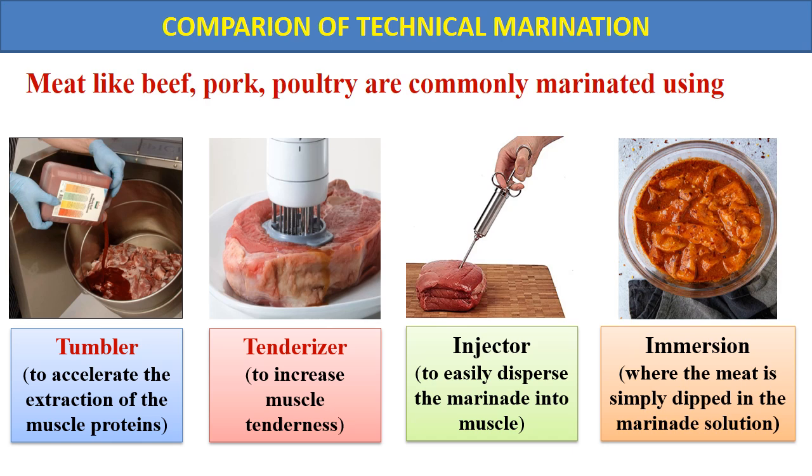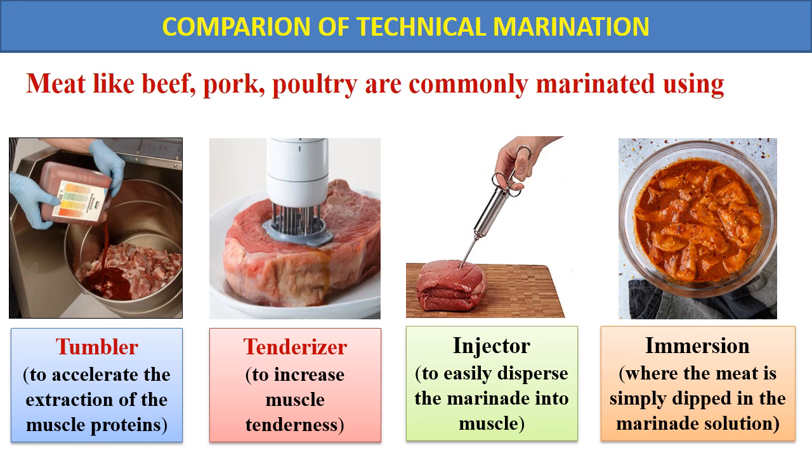The second way is the tenderizer. Here, to increase muscle tenderness, some kind of blades are used with a large number of punctures, and after that it goes for marination. So there will be very quick absorption of the marinades. The third method is the injector. Here the marinade is injected inside the muscle, which helps in a kind of curing and also puts the marinade inside the muscle.